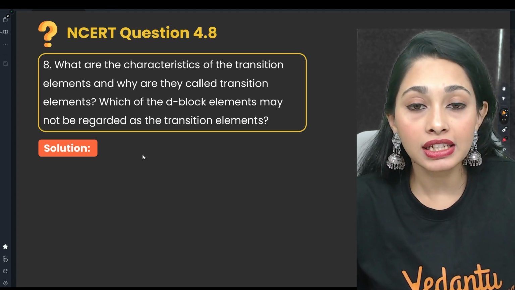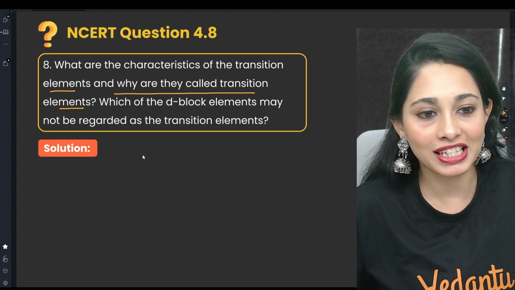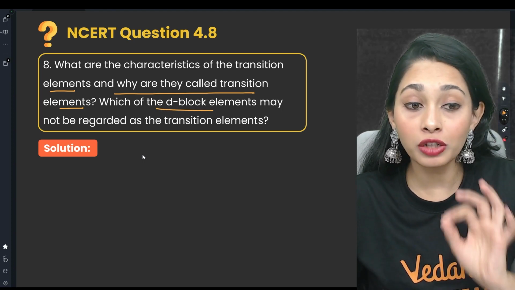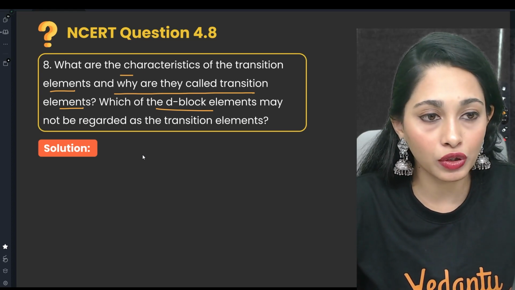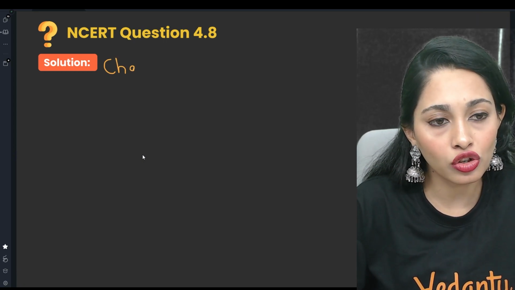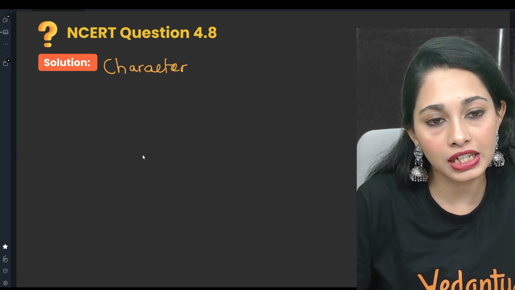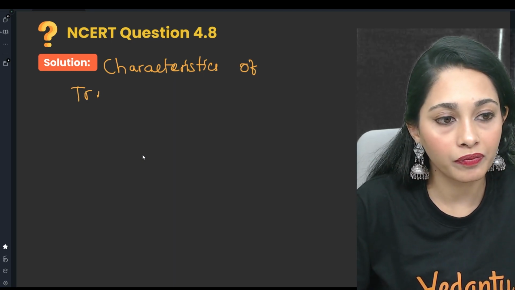What are the characteristics of the transition elements and why are they called transition elements? Which of the d block elements may not be regarded as the transition elements? First, let's answer the first question. What are the characteristics of transition elements?